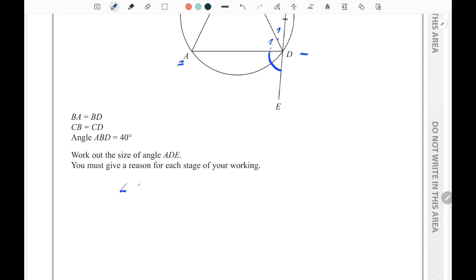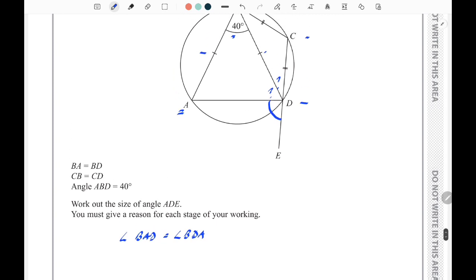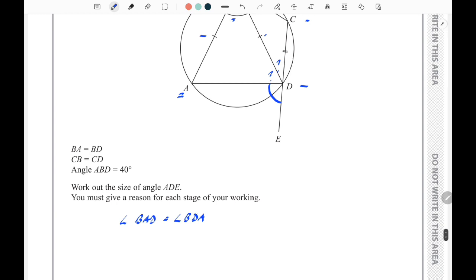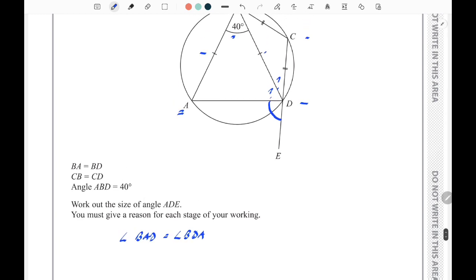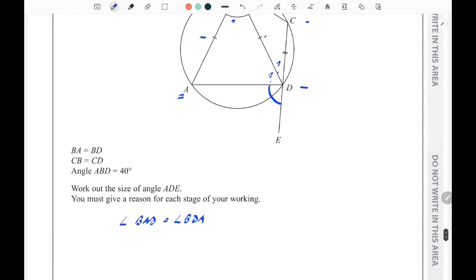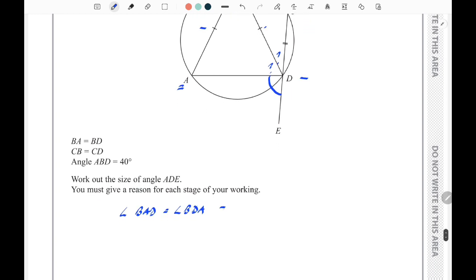Angle BAD equals angle BDA, and because angles in a triangle add up to 180, as we know, 180 minus 40 must be the sum of the two angles. So we're going to write it like this: 180 minus 40 divided by 2 equals 70.